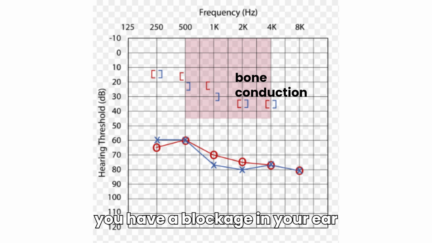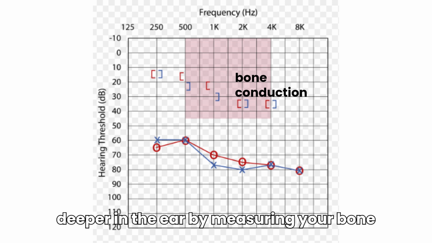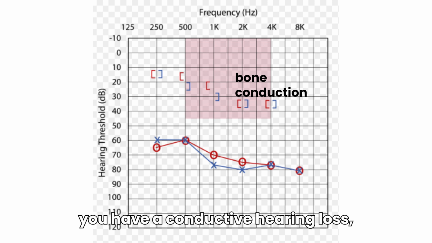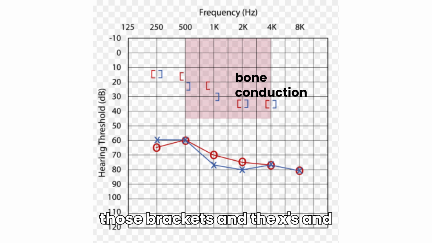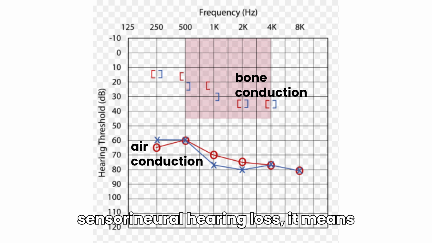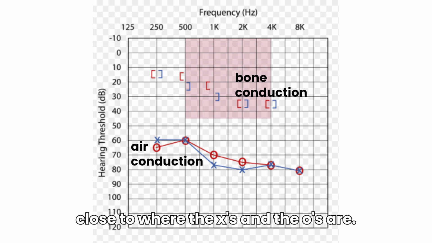So if you have a blockage in your ear, we can still measure how you're hearing deeper in the ear by measuring your bone conduction thresholds. If you have a conductive hearing loss, you're going to see a large gap between those brackets and the X's and the O's. If you have a sensory neural hearing loss, it means those brackets are going to be pretty close to where the X's and the O's are.